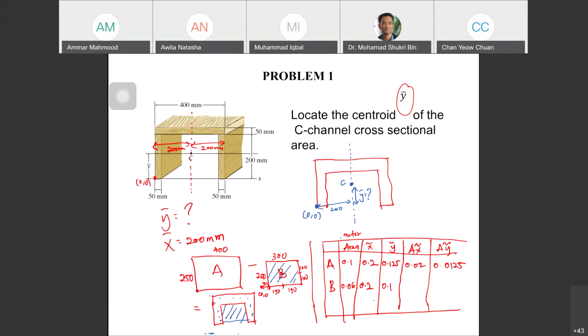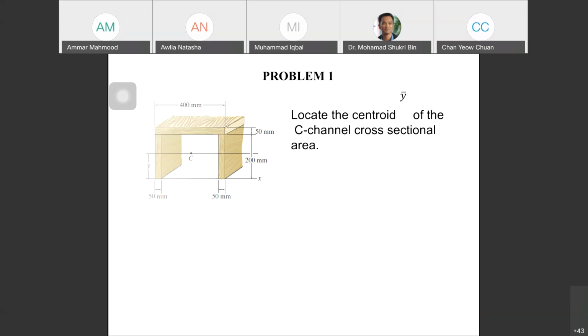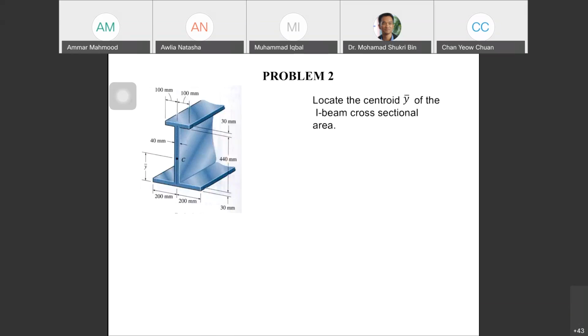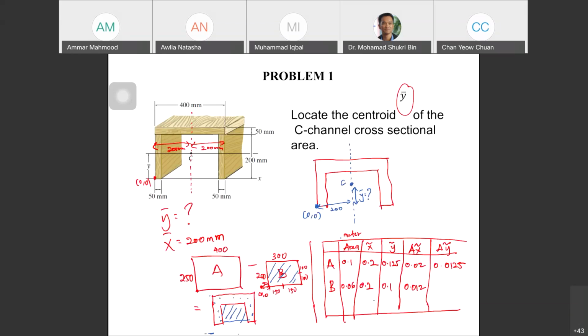So you have 0.012. Alright, and you have 0.06 times 0.1. You got 0.006.